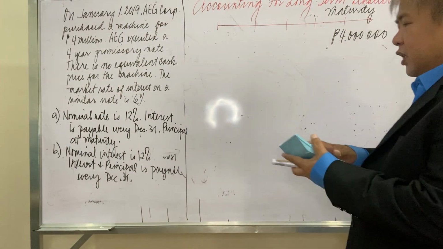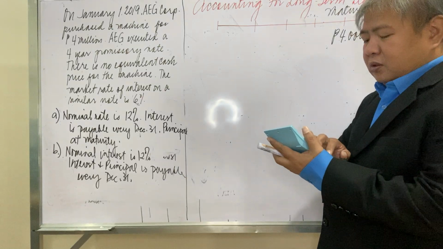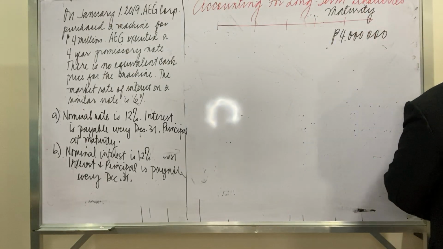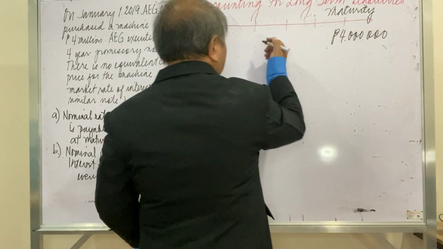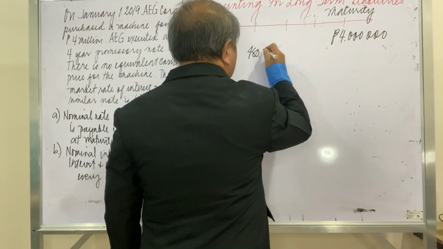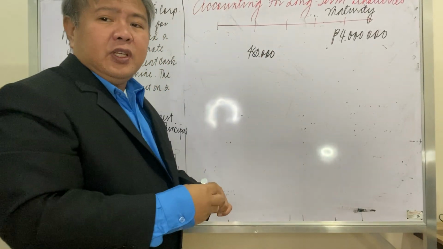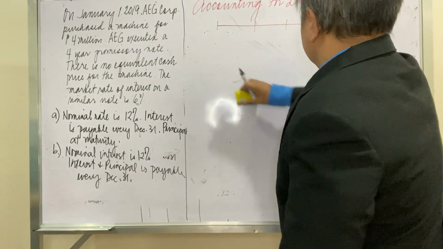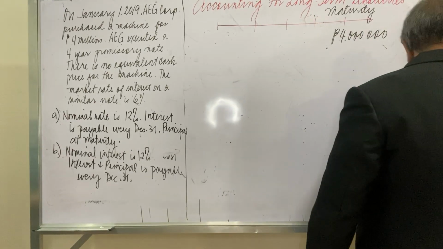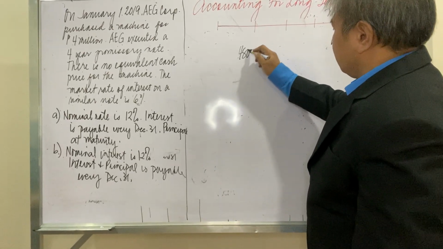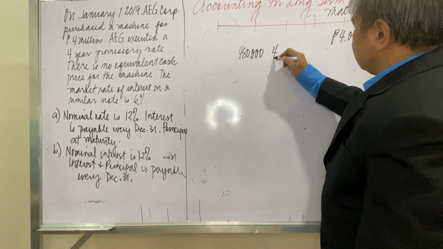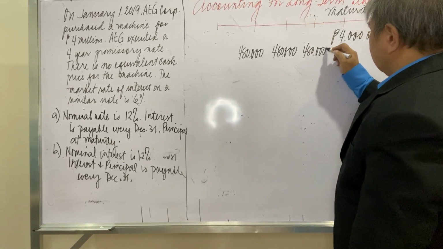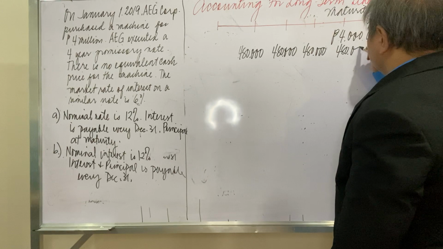Let us compute the interest expense. That's 4 million times 0.12, which is 480,000. This is the nominal rate. So every end of the year, we will have to pay 480,000 in the form of interest: 480,000, 480,000, 480,000, and 480,000.